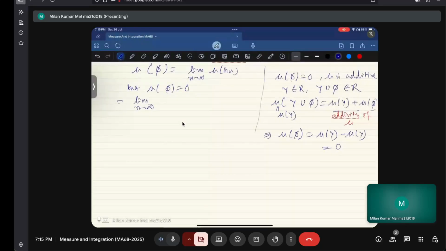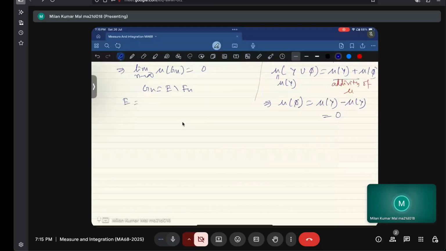Now we can also write E as the union of E minus Fn and Fn, that is a disjoint union.